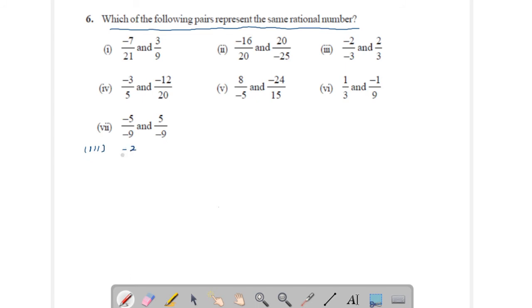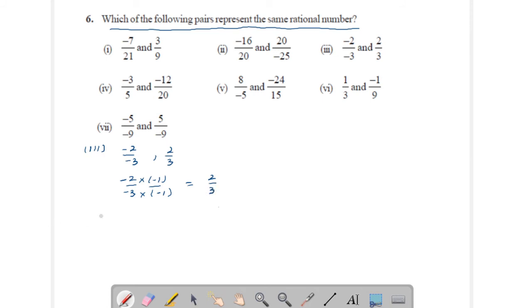Now come to third part. Minus 2 upon minus 3 and 2 upon 3. Write in lowest form. Minus 2 upon minus 3. Here multiply numerator and denominator by minus 1. You will get 2 upon 3.